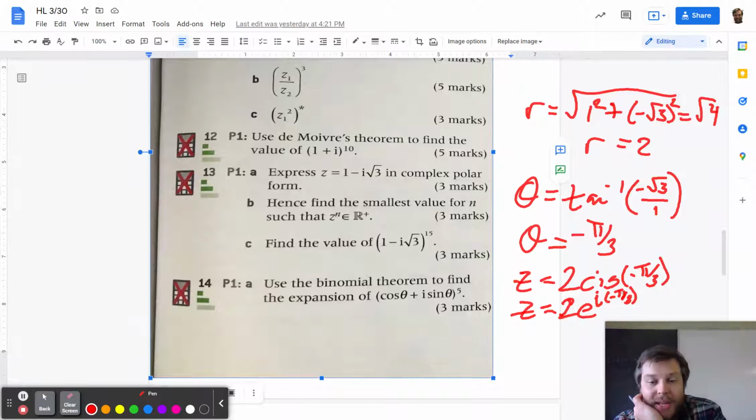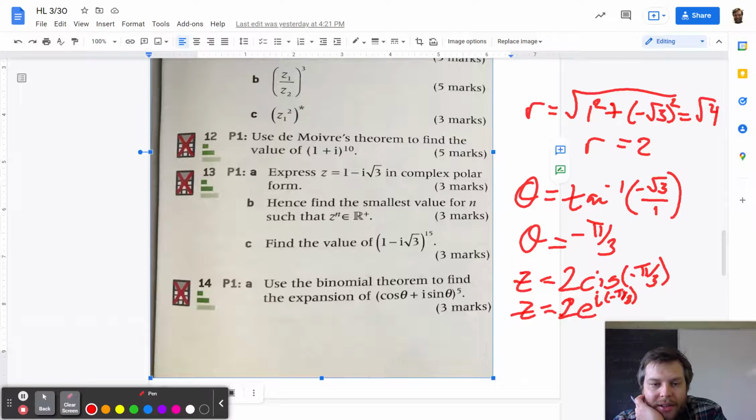So we could say n is equal to 0, and then we would get z to the 0 is equal to 1. Or we could even say n is a negative number, and we would be able to work our way backwards down. So I think they just meant usually when we use an n, we talk about integers or even positive integers.